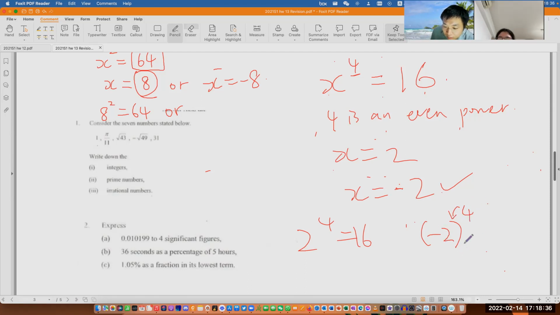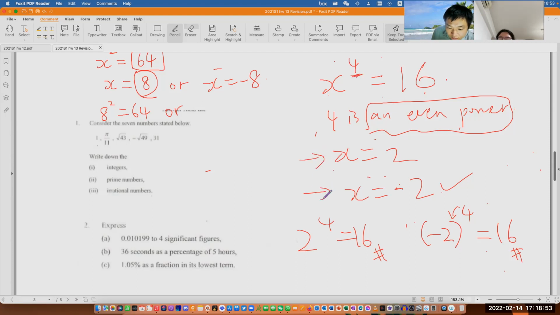Without the bracket, you power the 2 only. So remember the bracket. You get 16, so that's why you get 2 answers in this case. Like I say, if you get an even power, in this case 4, generally you end up with 2 answers.